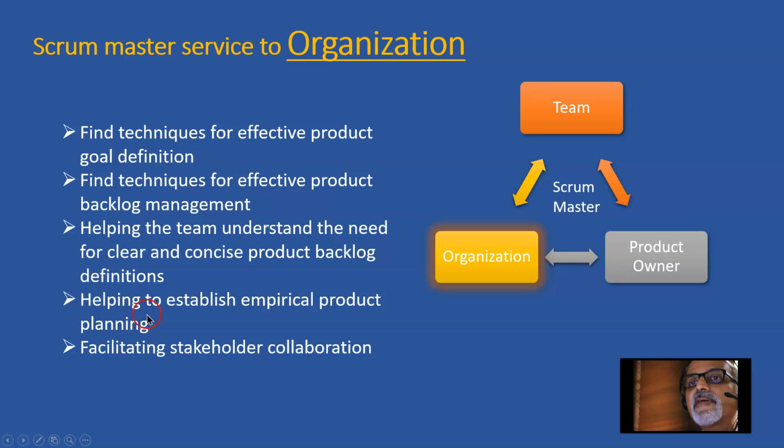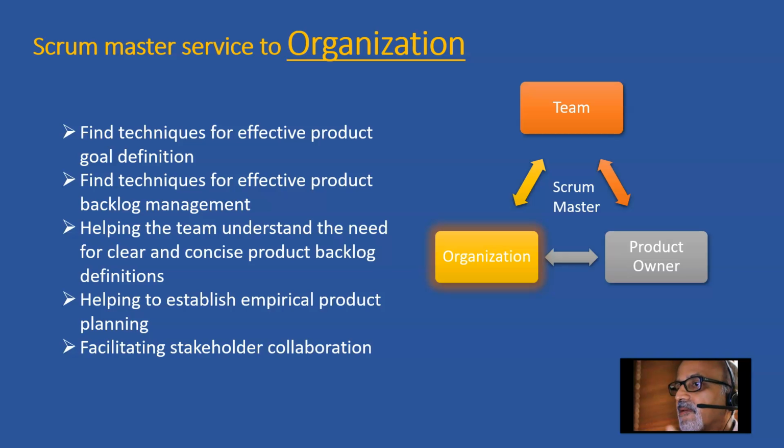And helping to establish empirical product planning. Now let us say your product backlog has 100 features to be developed. Now we have to do a kind of estimate for this, so that we can decide on how many sprints, and each sprint how much work we should complete, and what is the manpower required. So there should be some amount of empiricism, the numbers getting into all these things.